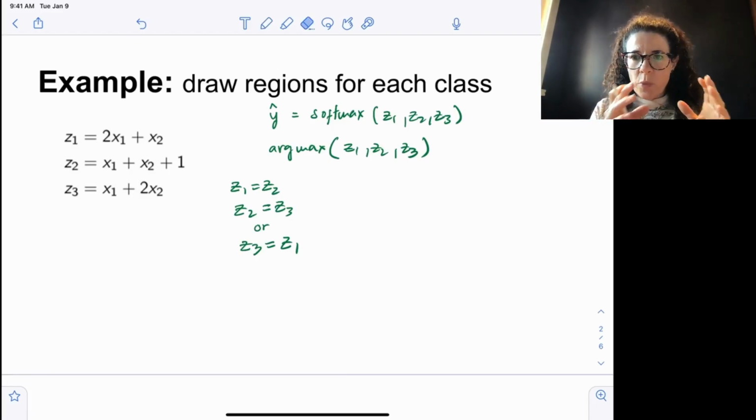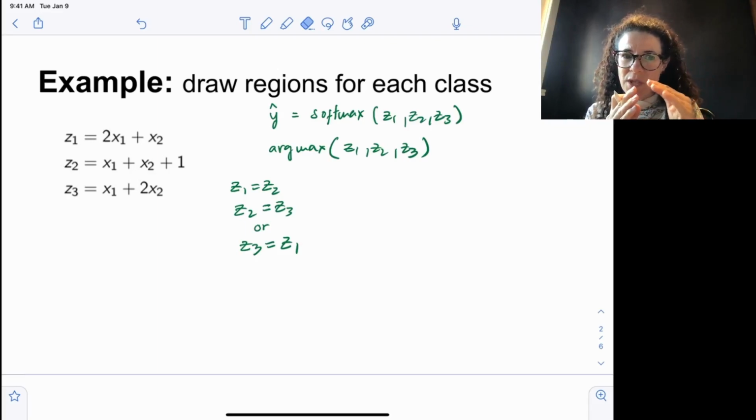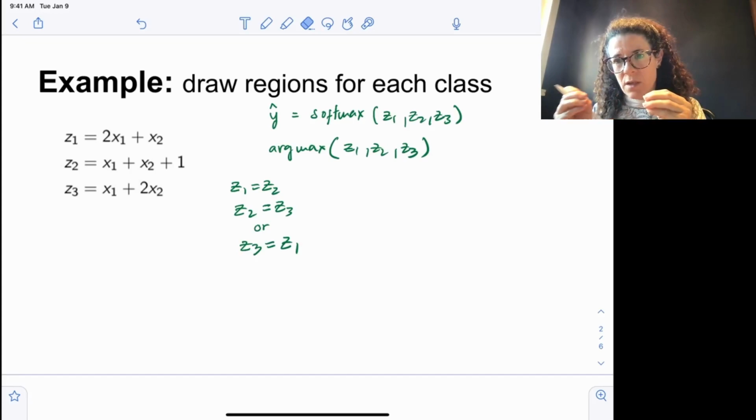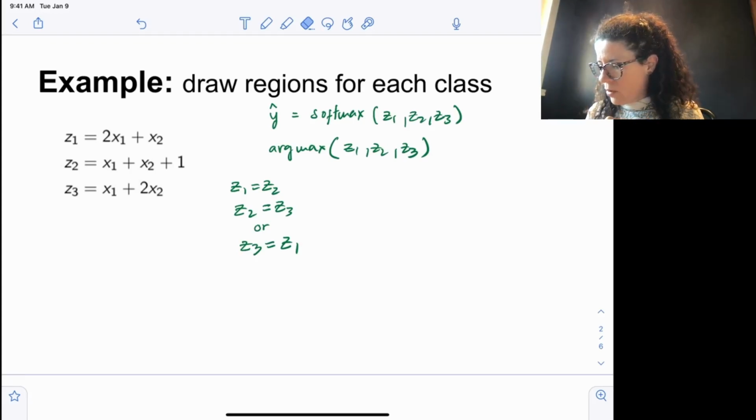So for example, in one part of the space, maybe the class C1 is the best. And maybe at some point z1 gets closer to z2 until they are the same, and then maybe z2 is the bigger class, and so on. I want to figure out how this looks in this example.